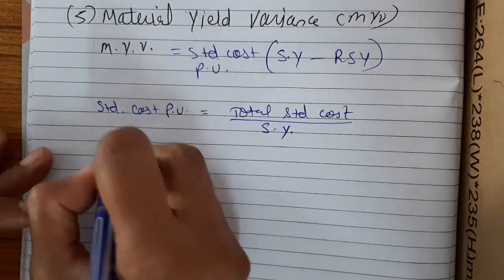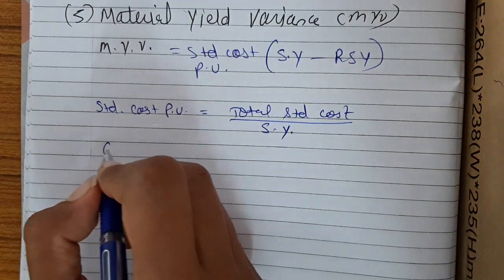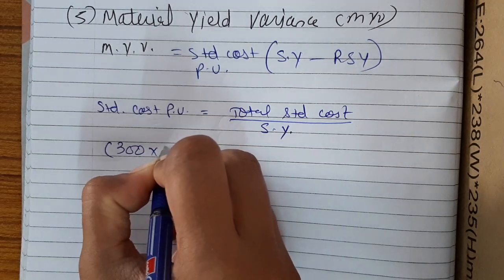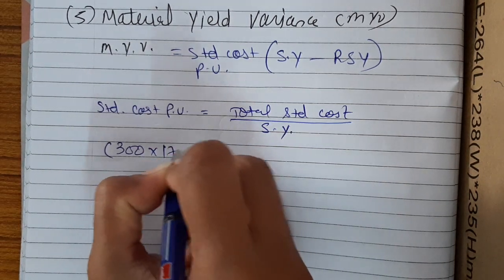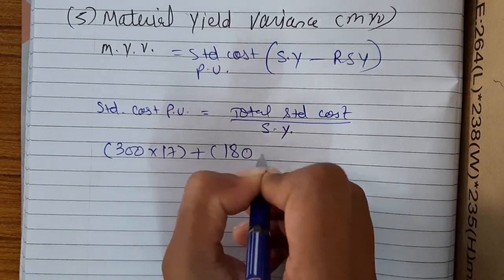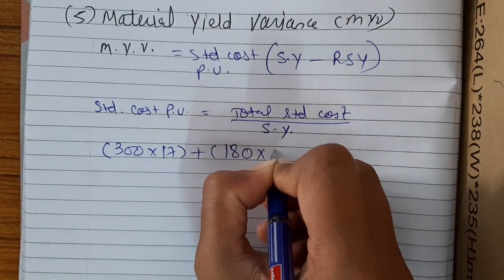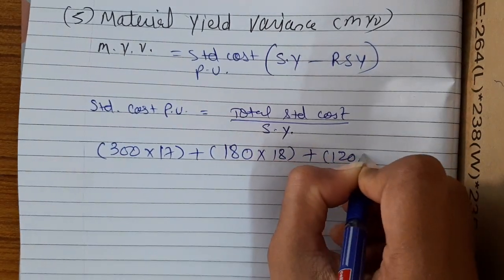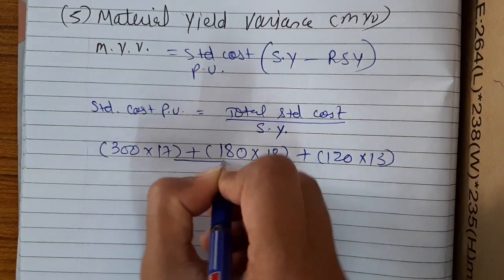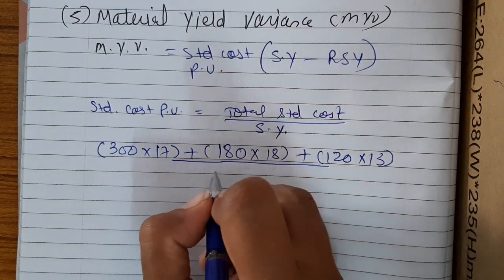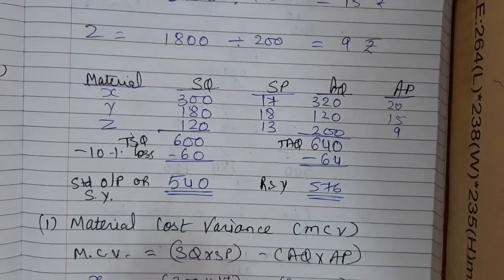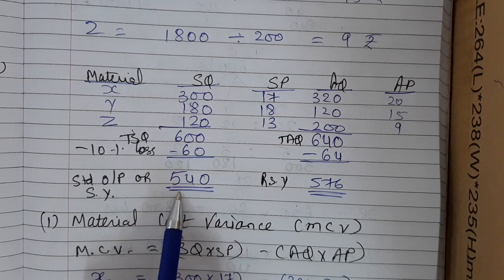output. So total standard cost will be 300 into 17 plus 180 into 18 plus 120 into 13, divided by our standard yield, which is 540, in our table C. This is our standard yield.